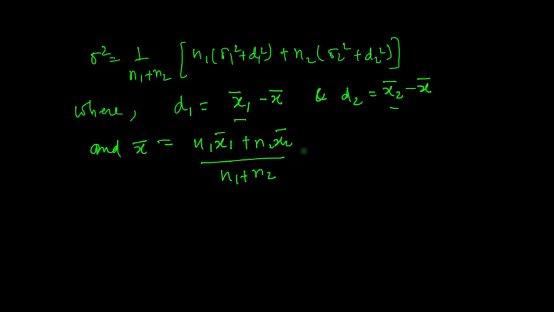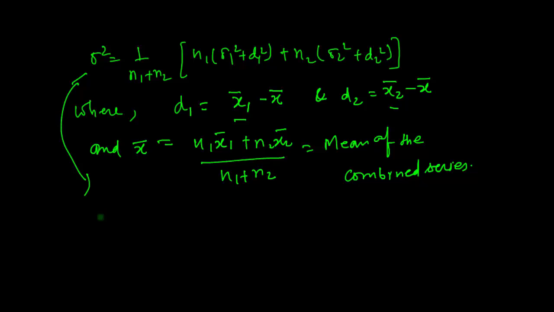As we know, we have discussed this before in the mean section. You can write also the mean of the combined series. So you have to use this formula to find the variance of the combined series.